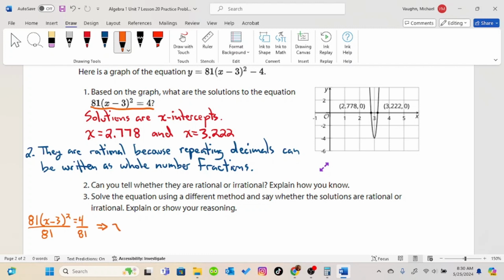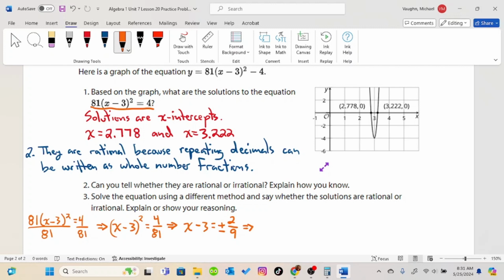Now this is going to give me x minus 3 squared equals 4 over 81. I would take the square root of both sides and get x minus 3 equals plus or minus, the square root of 4 is 2, and the square root of 81 is 9.